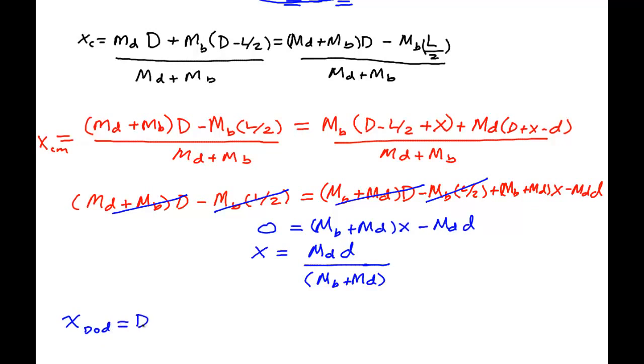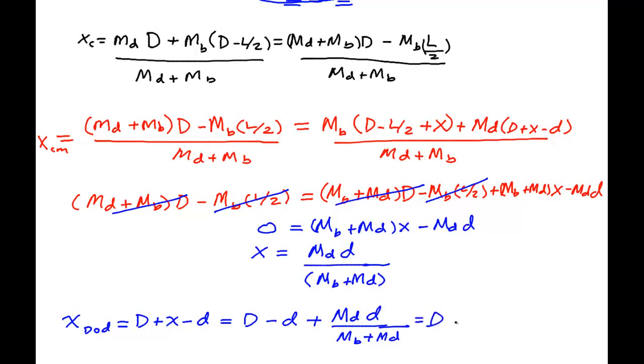So that's d plus x minus d, which is d minus d plus the mass of the dog times d over the mass of the boat plus the mass of the dog. Now because this d is common, I'm going to combine those terms.